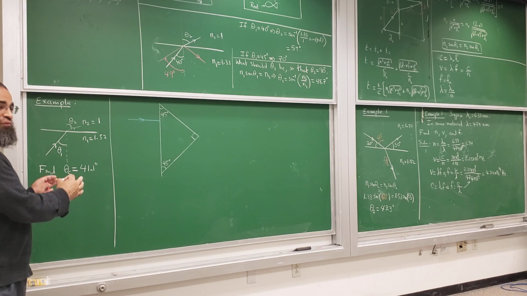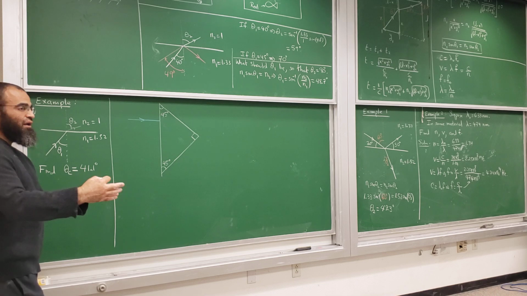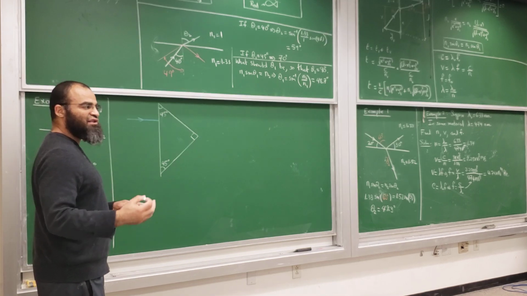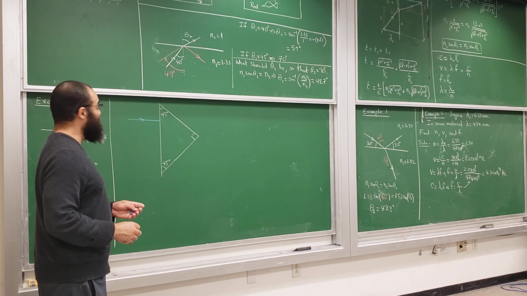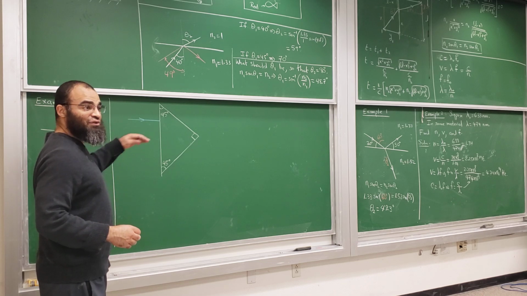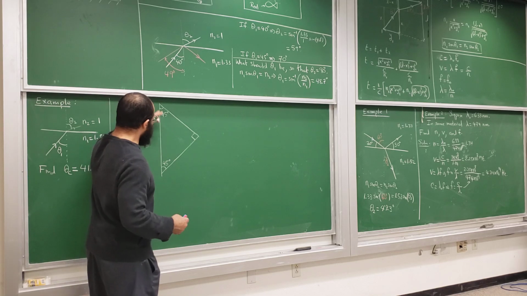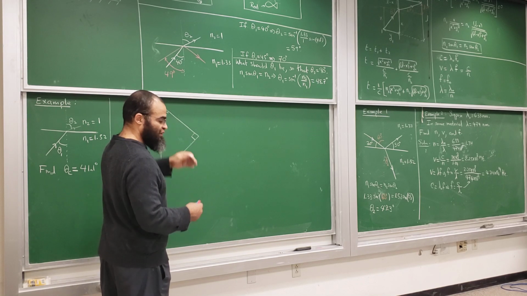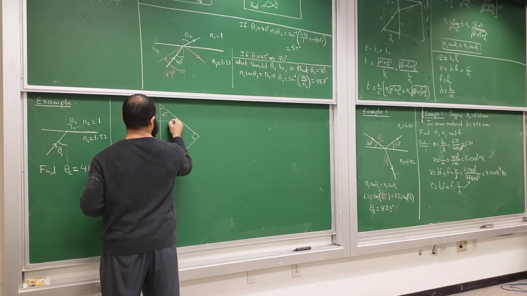Left side is 0. Right side, you have n2 sine theta 2, so I need sine theta 2 to be 0. So theta 2 must be 0. It cannot bend. If the light is incident normal to the surface, it will just pass through. So it goes this way. All right. Clear?